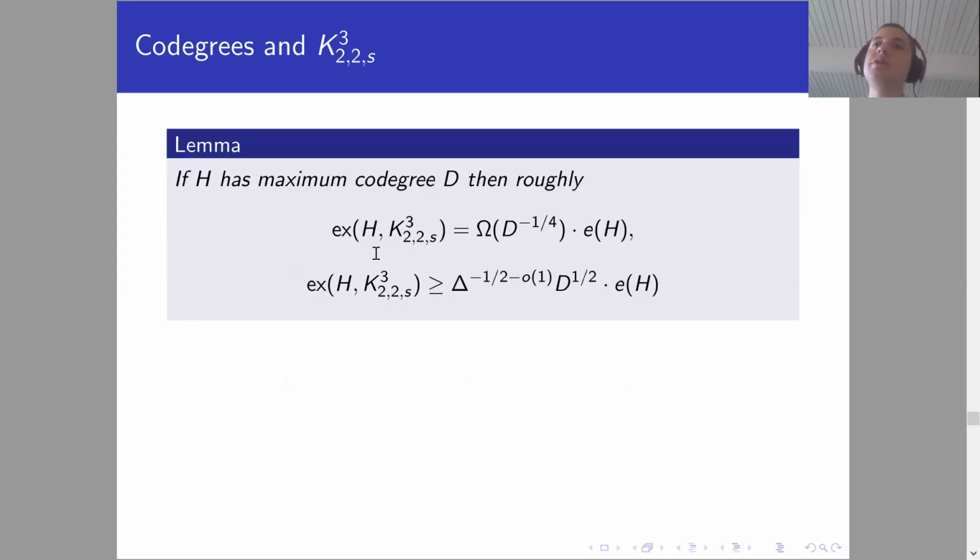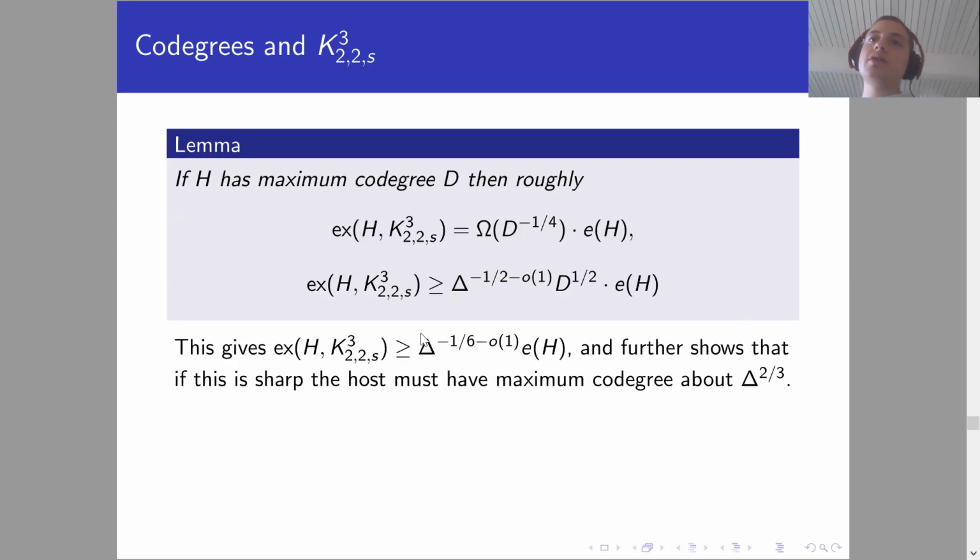So with this, very roughly, and I'm lying to you slightly, but it's morally correct: if H has maximum codegree D, then we get these two bounds, one in the low codegree regime of D to the minus 1/4, and in the high codegree regime of delta to the minus 1/2 minus little o(1) times D to the 1/2. And with this, you'll get a lower bound of delta to the minus 1/6 minus little o(1).